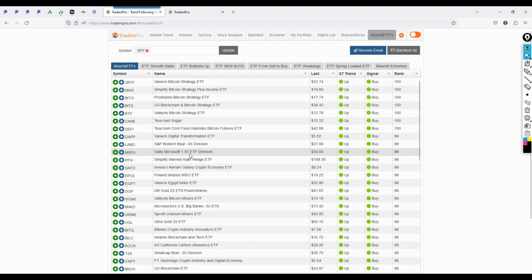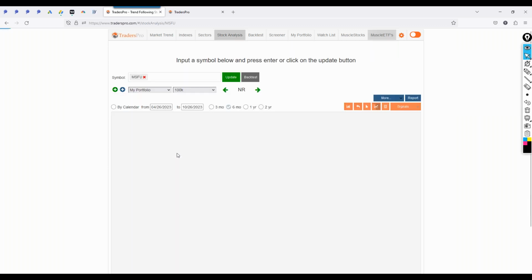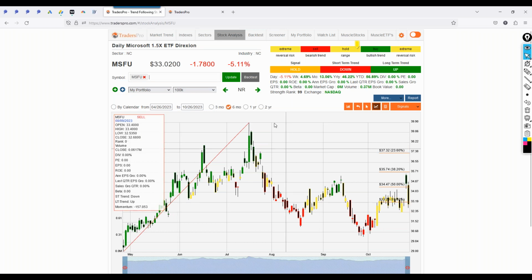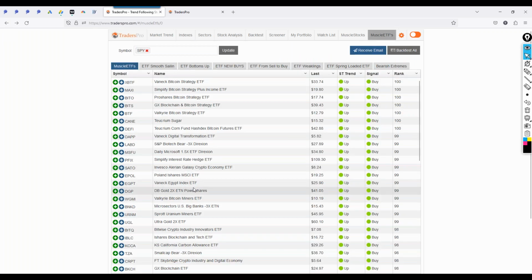I think that's kind of crazy myself, but it's cool. It gives us more options to do different things. So Microsoft had a big upturn. It's getting pummeled today, but this is basically just 1.5 times what Microsoft does. It's making these guys some money because there are fees and everything else associated with that.